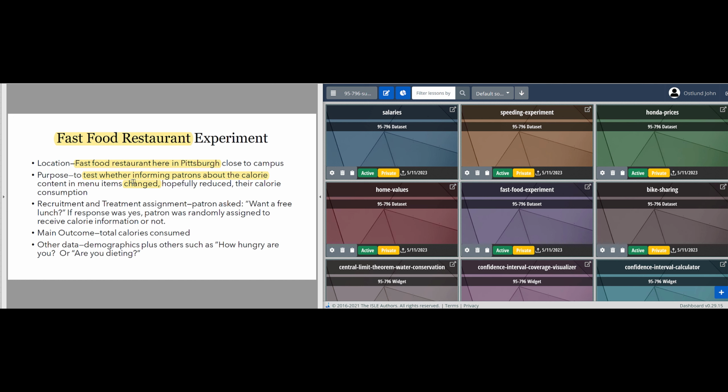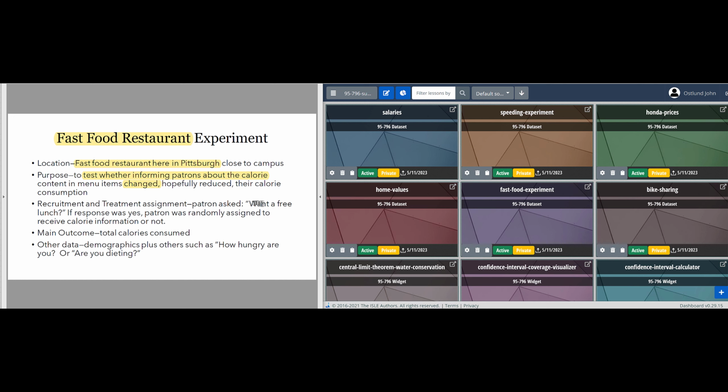Okay, so we're saying here that hopefully the calorie consumption was reduced, but actually that's a side test, if you will. We mainly want to determine whether the calorie consumption changed in a statistically significant way.